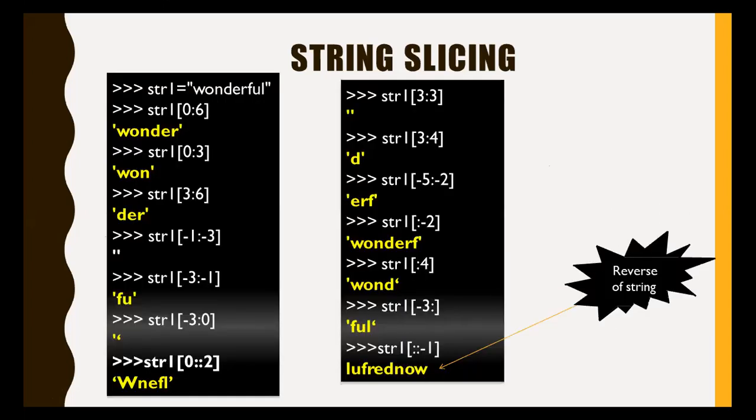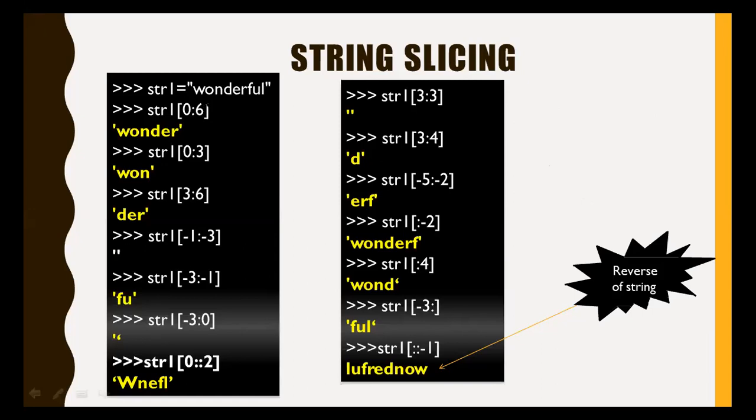Here I have written str1 equal to wonderful. From this string I want to retrieve str1[0:6]. What will it display?